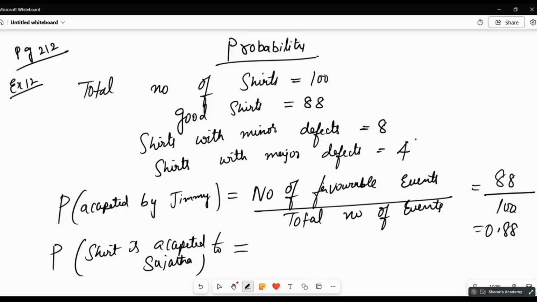So this portion she will not accept, everything else she will accept. That is 88 plus 8. So the number of favorable events is 96, 96 by 100, that is 0.96 is the probability, or you can divide and keep.